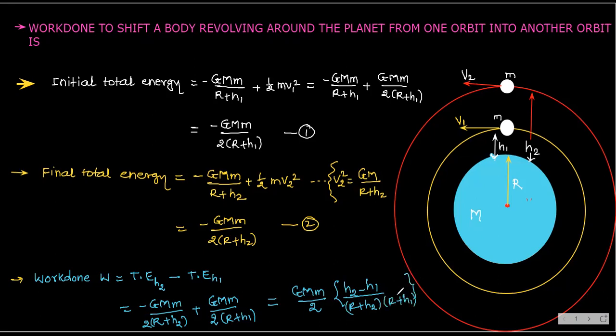This is the work done when we are shifting a body which is revolving around a planet at height h1 to height h2. Okay, understood? Pause the video and note down the notes. You can do it yourself, particularly this part which I have not solved by taking the LCM. You can do it yourself in the notebook. Do it yourself.